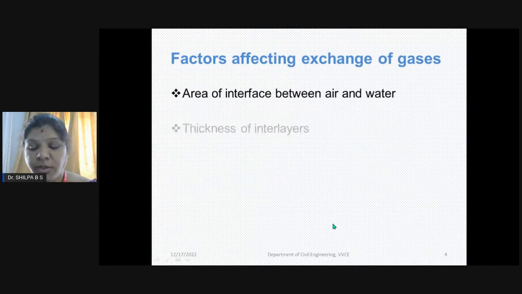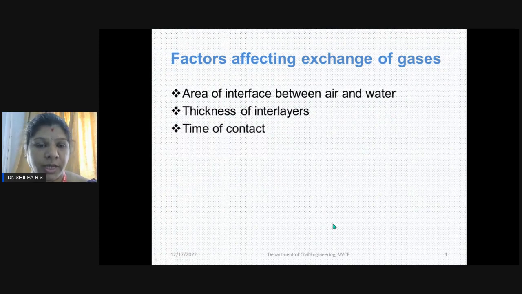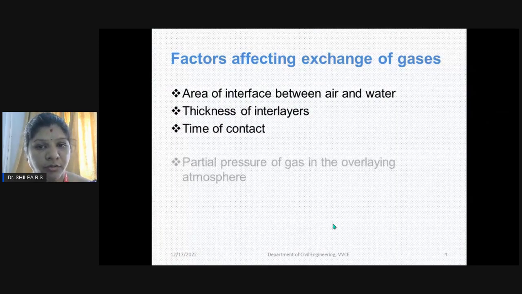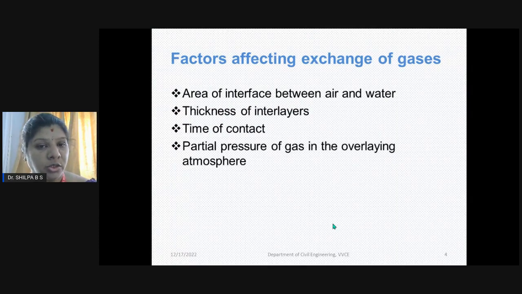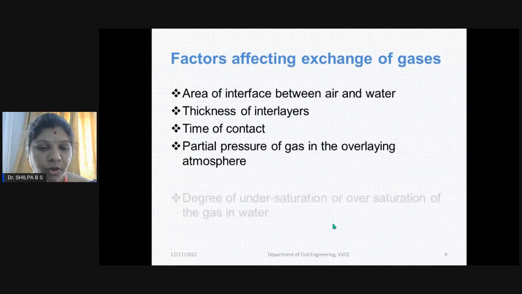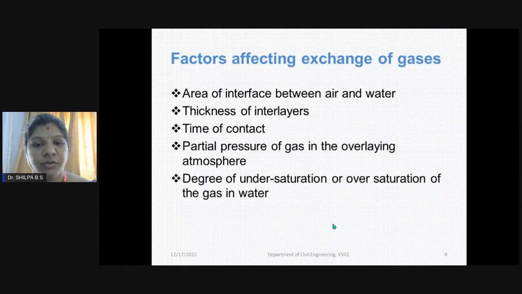The important factors that affect the exchange of gases are the area of the interface, the thickness of the interlayers, time of contact, partial pressure of the gas, and the degree of undersaturation or oversaturation of gas in the water.